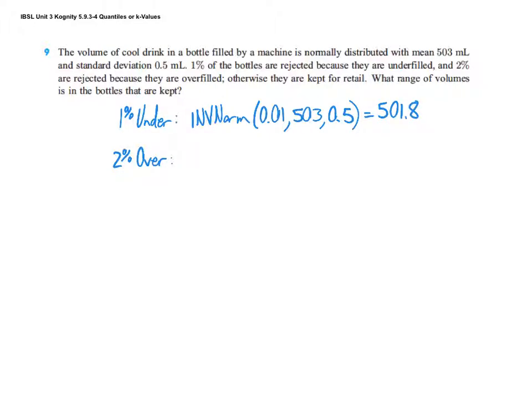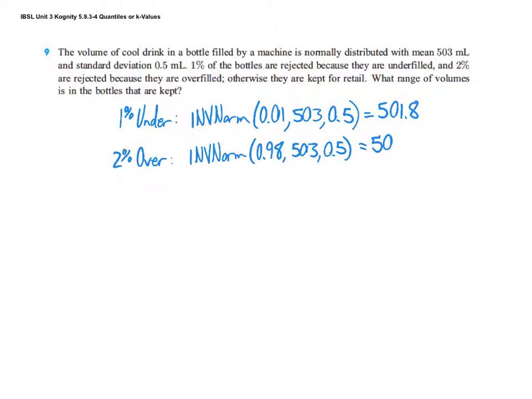And then 2% over, we're doing inverse norm. What's the area we have to use, or the probability? 0.98 with 503 and 0.5. Okay, and what do we get with that one? 504. Should we do safeties for the first one and make it 502?